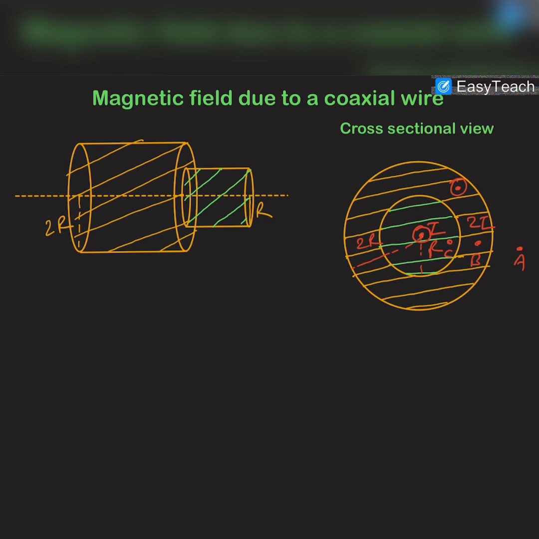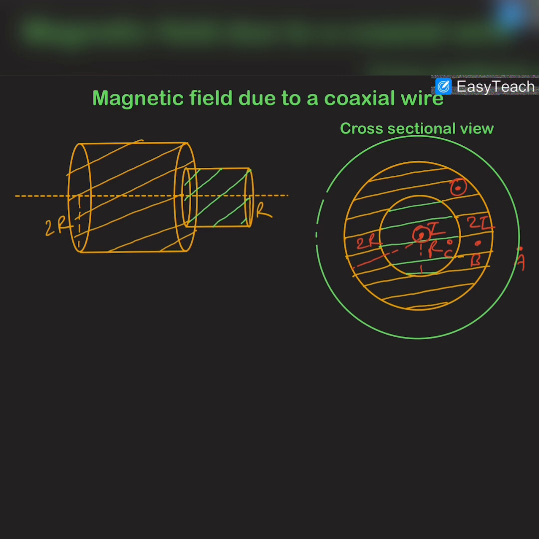To find the magnetic field at point A, we have to consider an Amperian loop. Let us consider this Amperian loop and name it loop 1.